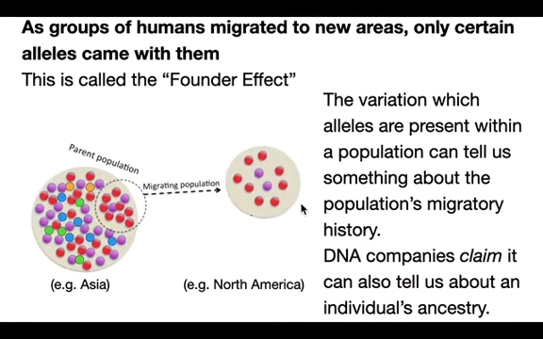And so the people who live in a place now may not be the same people who were living in that place even 100 years ago. So if you get a DNA ancestry test that says, oh, you're related to people who now live in this place, that doesn't necessarily mean that that's where your ancestors came from.